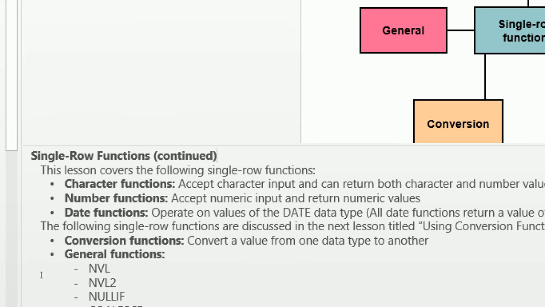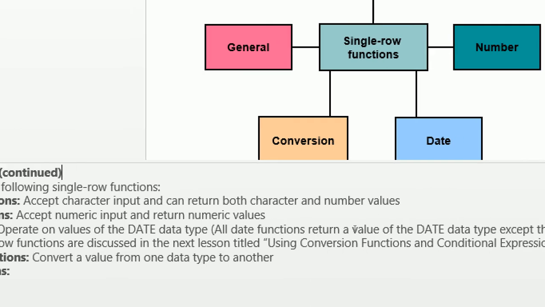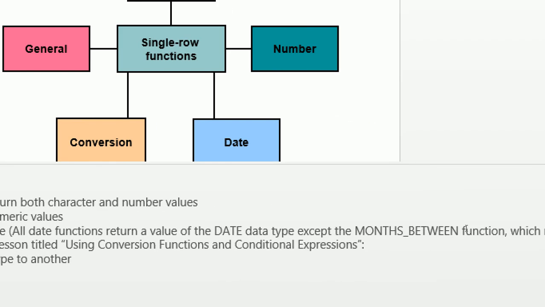Number functions accept numbers and return numbers. Clear? Date functions operate on values of date type, such as hire date, joining date, leaving date. All date functions return a value of date data type except MONTHS_BETWEEN. MONTHS_BETWEEN is a one-word function used to calculate the months. I will show you that later in the upcoming slides.